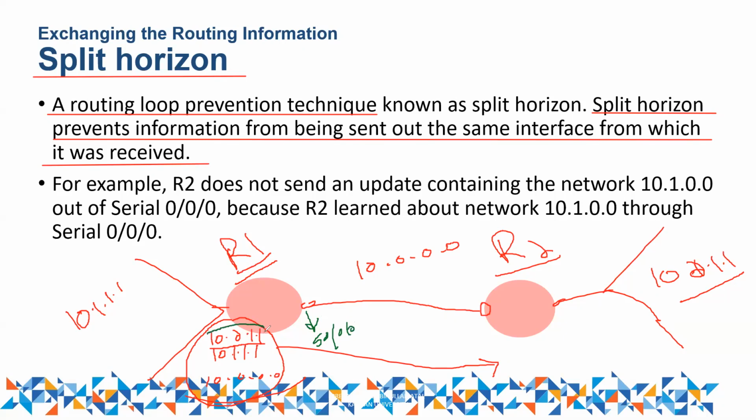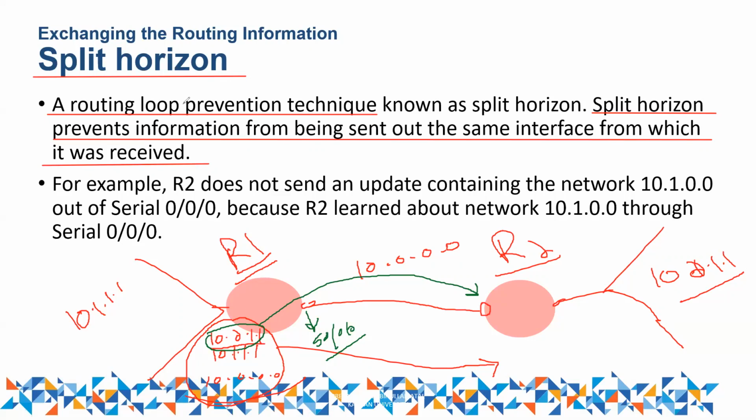R1 learned this information via this interface. If there is no split horizon, then R1 will again share this information with R2, saying I have a 10.2.1.1 entry in my routing table, so you should also learn this.